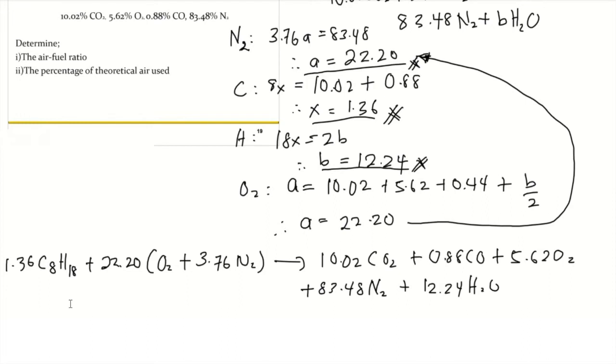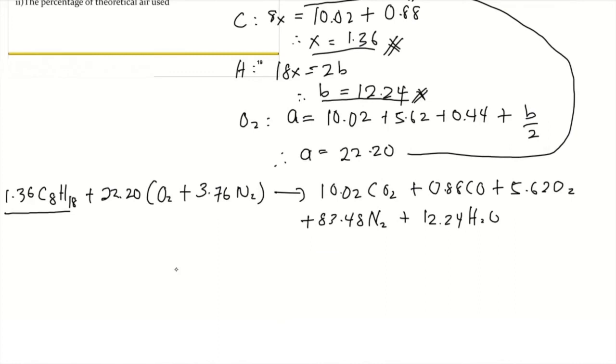Here it is 1.36 kilomole of fuel combusting together with the air. So what happens if you want 1 kilomole of fuel?